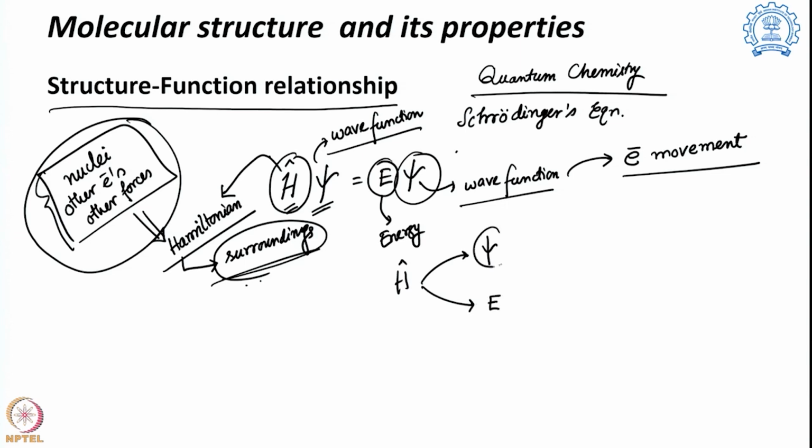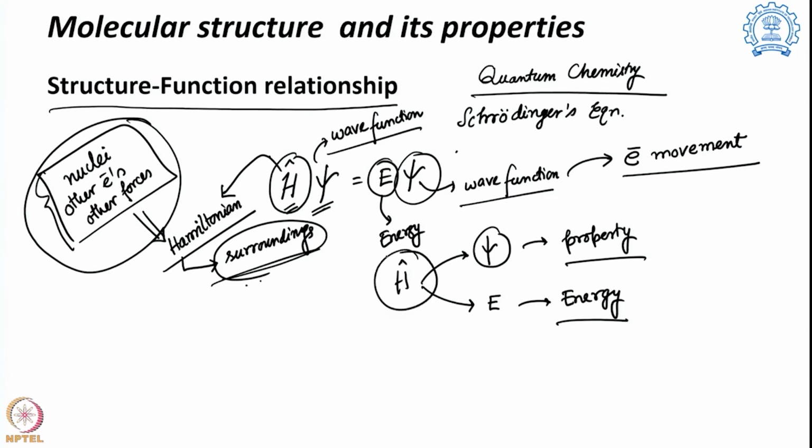That means by psi I am controlling the property, and by E I am controlling the energy. With these two factors the Hamiltonian is controlling that, and it is controlled by the presence of the surrounding, and this surrounding is nothing but a description of the structure.